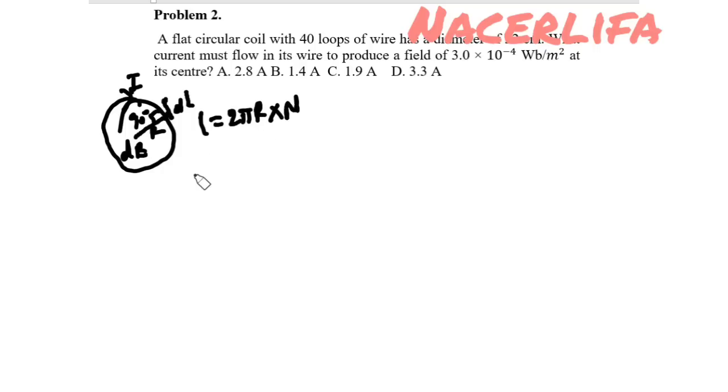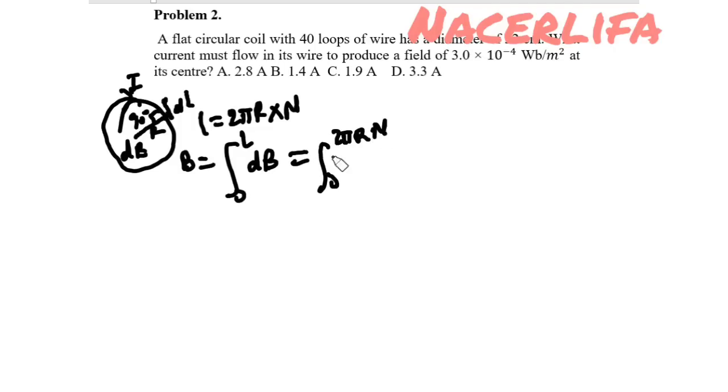So that will be L. And to find B, we integrate from 0 to L. This is how we can find B. And what is this L? This L is 2 pi r N, which we have found.